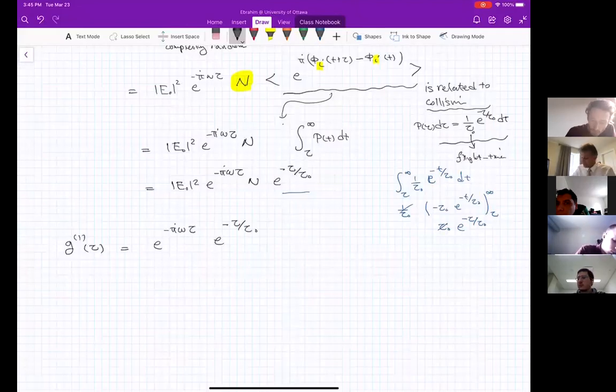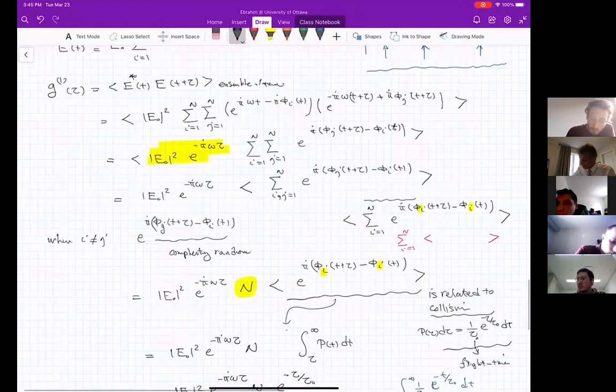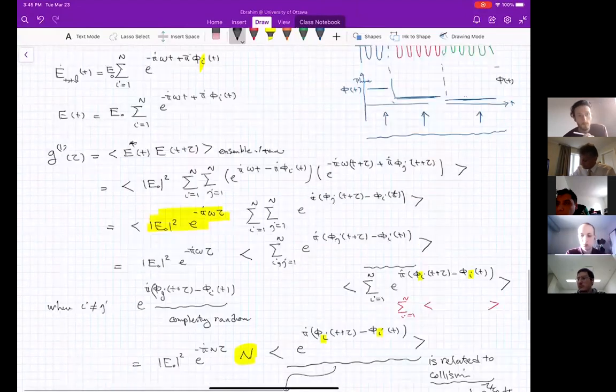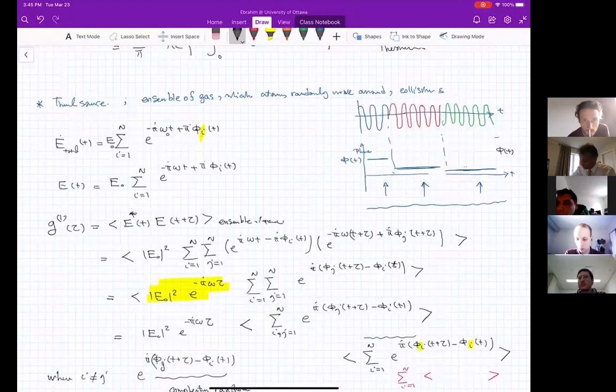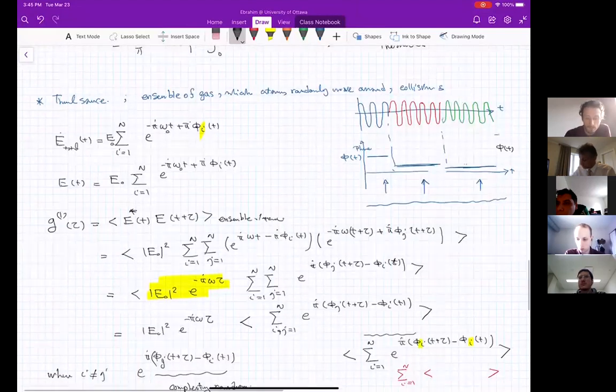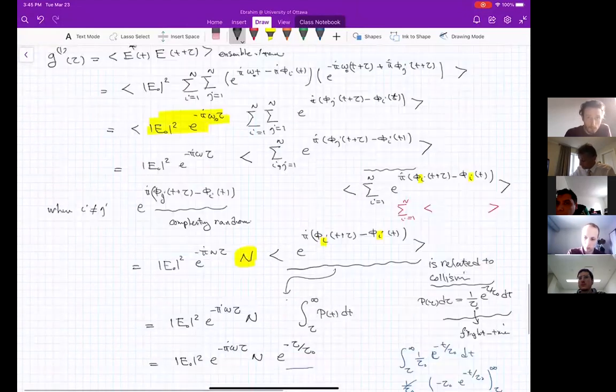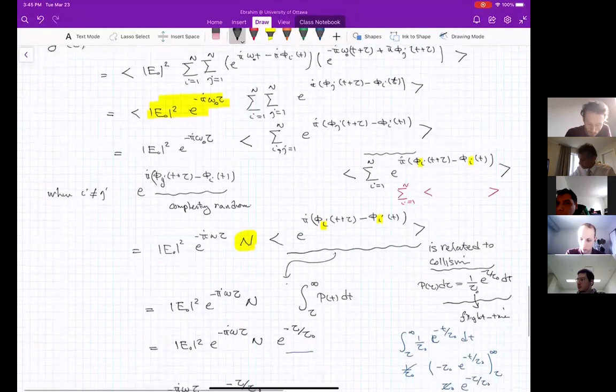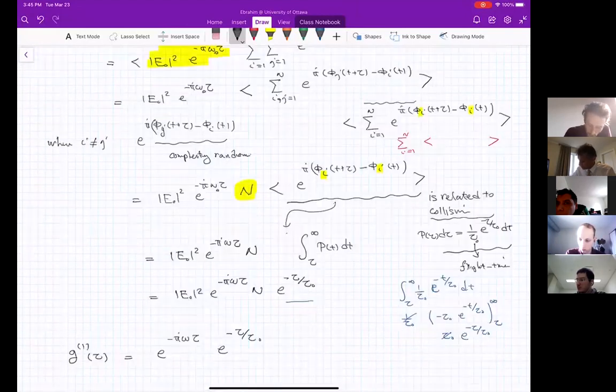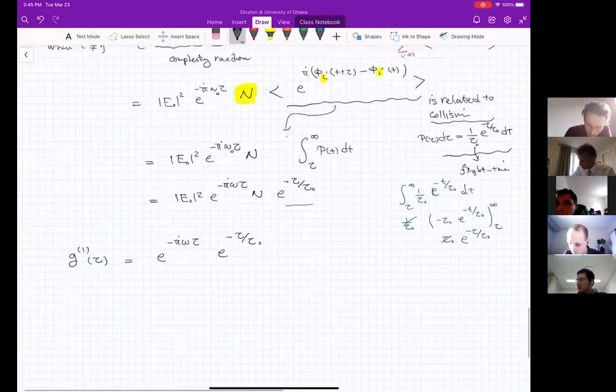I should have written from the beginning that the frequency of oscillation is omega 0, just to clarify that we are dealing with a single frequency of omega 0. Here is omega 0, here is omega 0, here is omega 0.